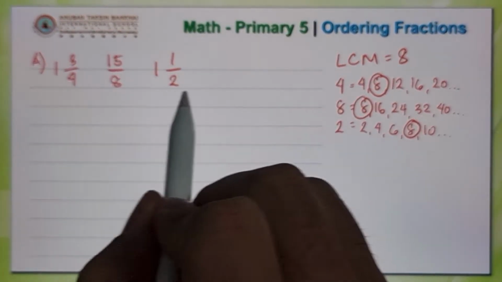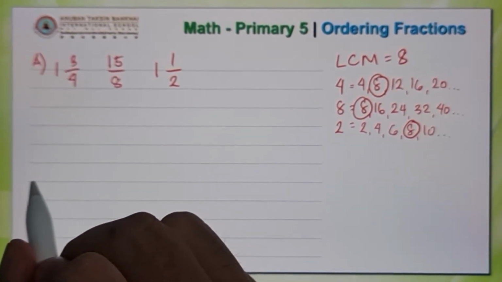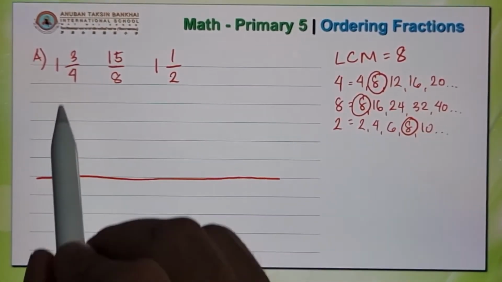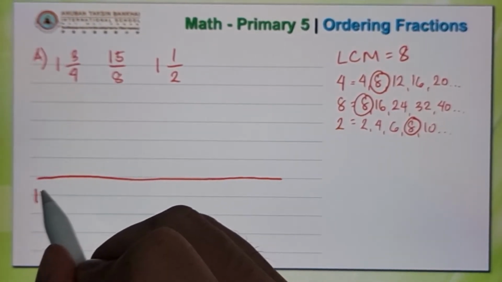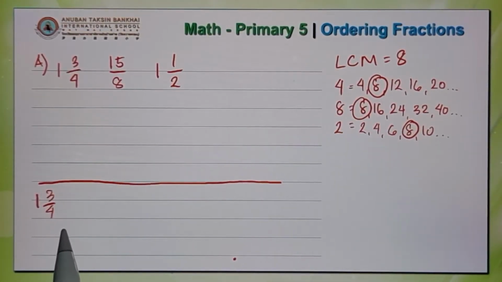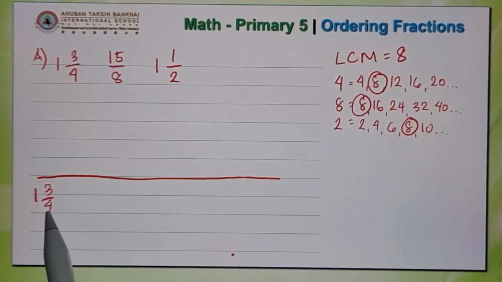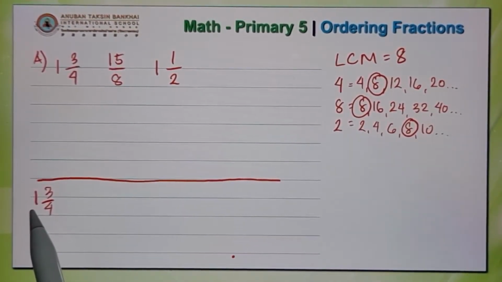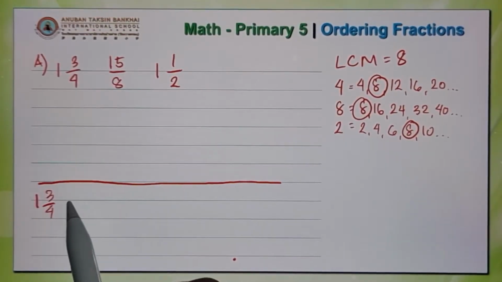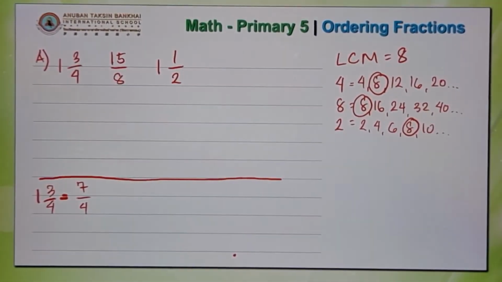Okay, so let's try to change now our numbers here, our fraction. Let's try to make a space below. Okay, so let's change first 1 and 3 over 4. Take note that this is a mixed number, so we're going to change this into improper fraction. So 4 times 1, we have 4, plus 3, we have 7. So that is equals to 7 over 4.